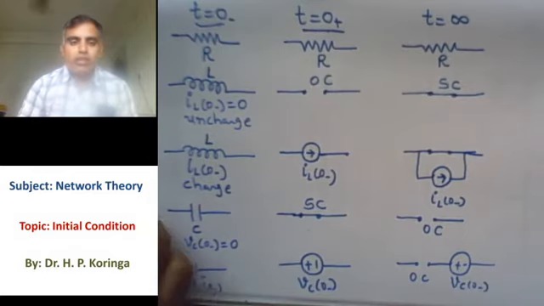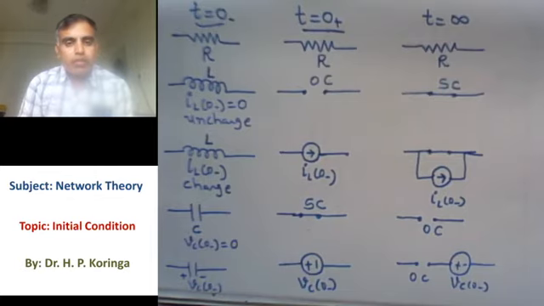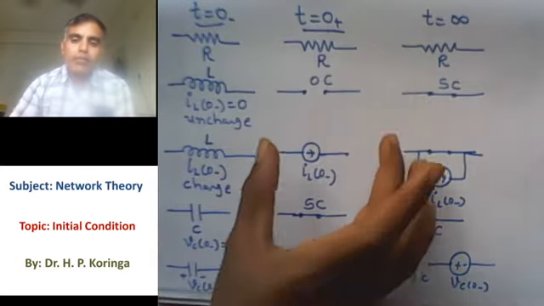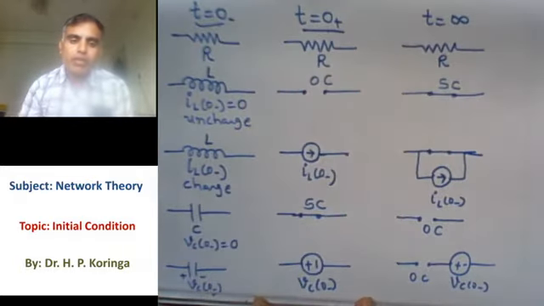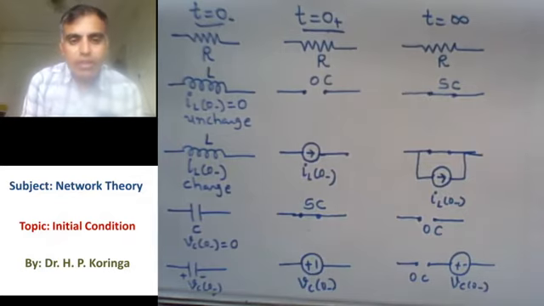So this is the equivalent circuit of inductor, capacitor and resistance at t equal to 0 plus and t equal to infinite time, from t equal to minus time. So if the minus time equivalent circuit is this, then it can be replaced by the t equal to 0 plus equivalent circuit and the t equal to infinite equivalent circuit.